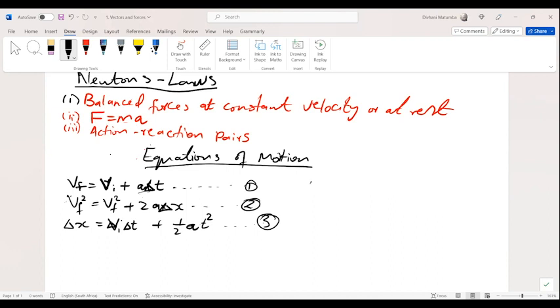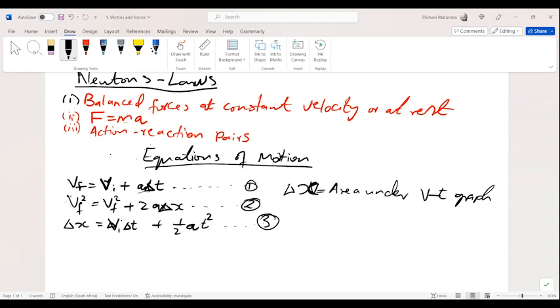So displacement is the area under the velocity time graph.